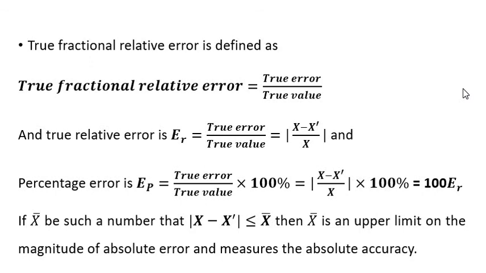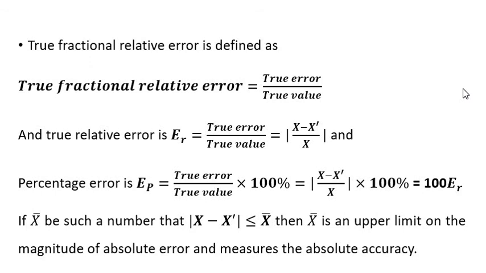True fractional relative error is defined as true error divided by true value, and true relative error or relative error is denoted by ER and is defined as true error divided by true value, that is absolute value of x minus x dash divided by x.